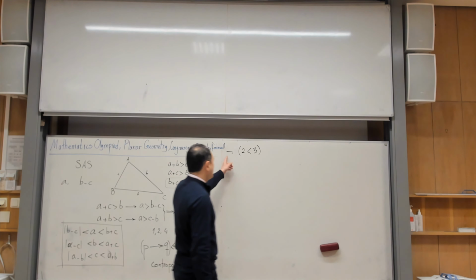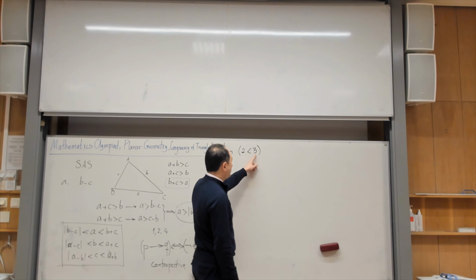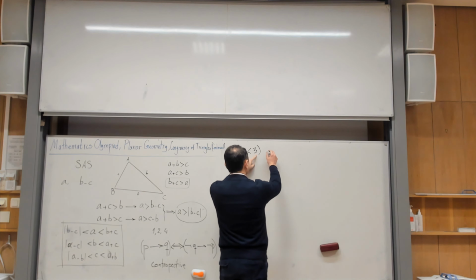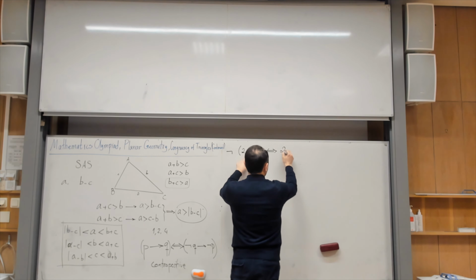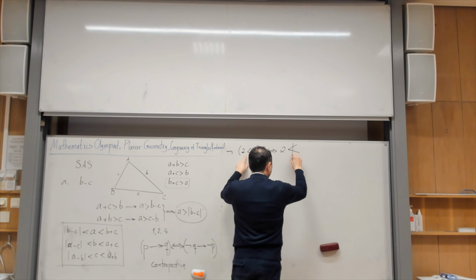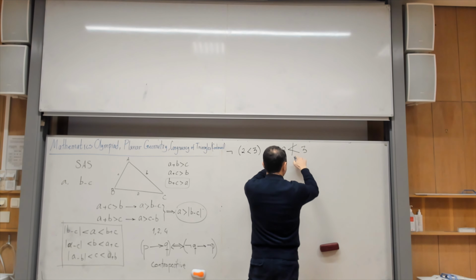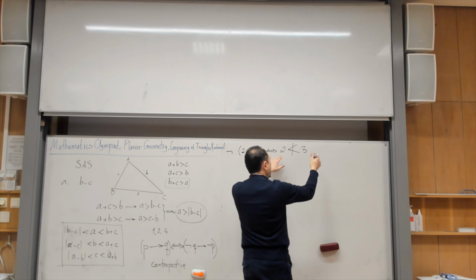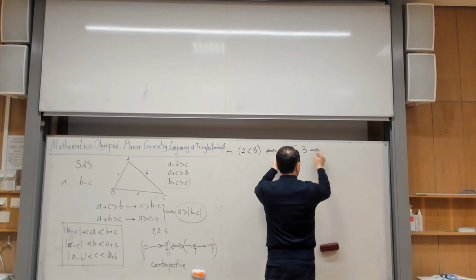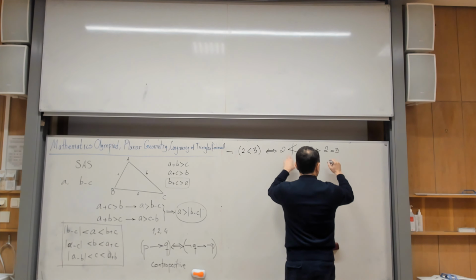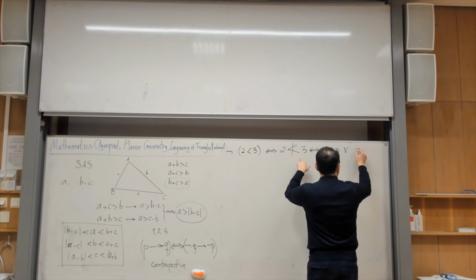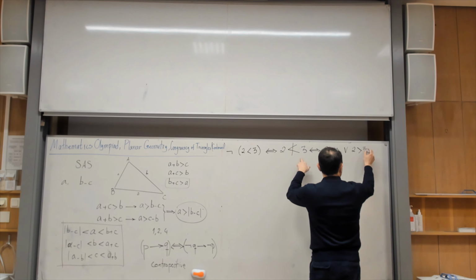This means that 2, if you want to, you can write this symbol. But this symbol doesn't mean that 2 is greater than 3 because there is another scenario, yes? So you should say that 2 is equal to 3 or 2 is greater than 3.